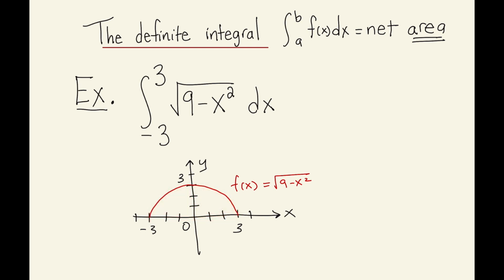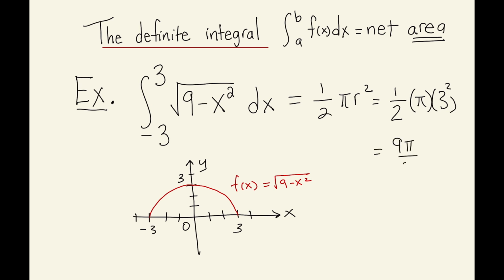And again, we see that's just a half circle, so we're going to use 1/2 of pi r squared, because this is the area enclosed in a circle. The radius is 3. So 1/2 times pi times 3 squared. So that's 9 pi over 2. And that is the answer.